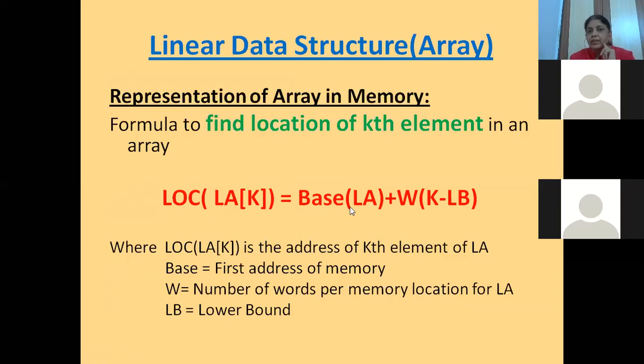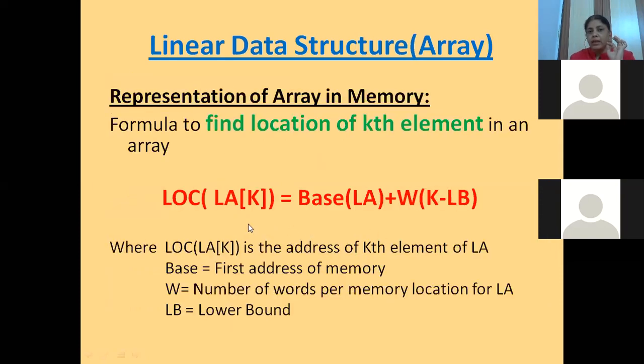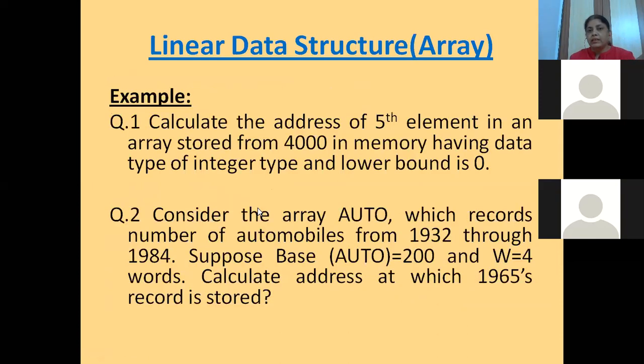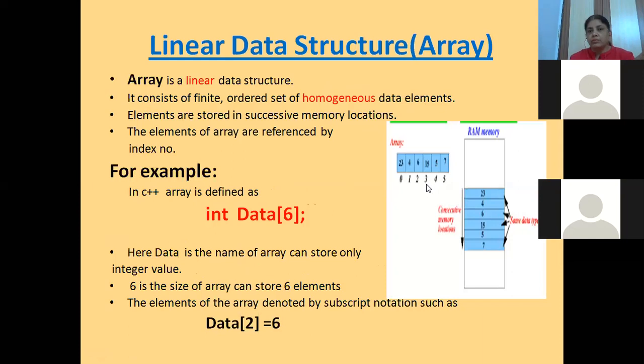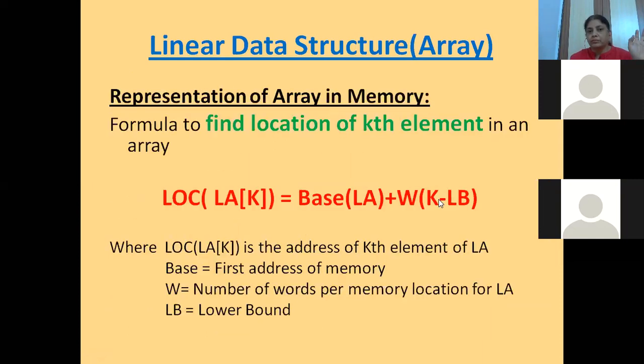Here LA means the name of the array. जैसे यहाँ पे array का नाम मैंने डेटा लिया है, तो यहाँ पे array का नाम क्या है? LA, linear array. You have to find the location or the memory address of the kth element. Means kth element, let's say मैंने बोला आपको ये वाला third element का memory address बताओ.